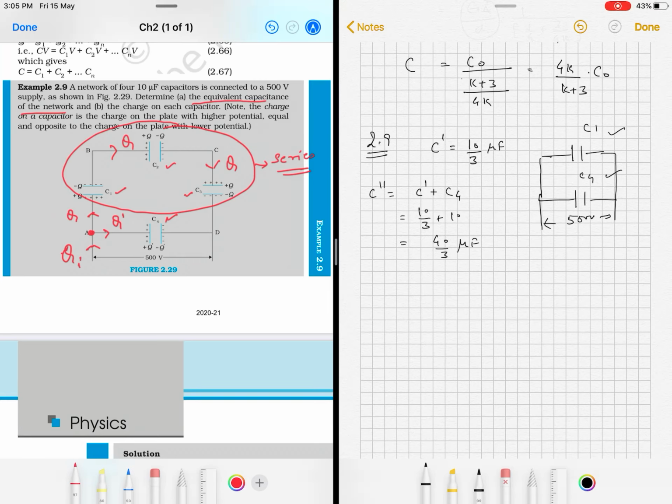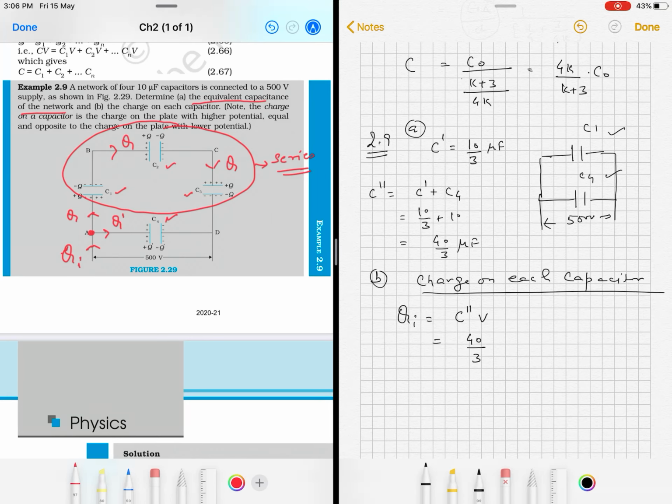Now we have to find part B of this question. Part B is the charge on each capacitor. This was part A, and part B is the charge on each capacitor. First we will find Qi, that is the total charge. It is the net capacitance, C double dash, into V. V is 500 volt, and C double dash comes out to be 40 upon 3 microfarad.